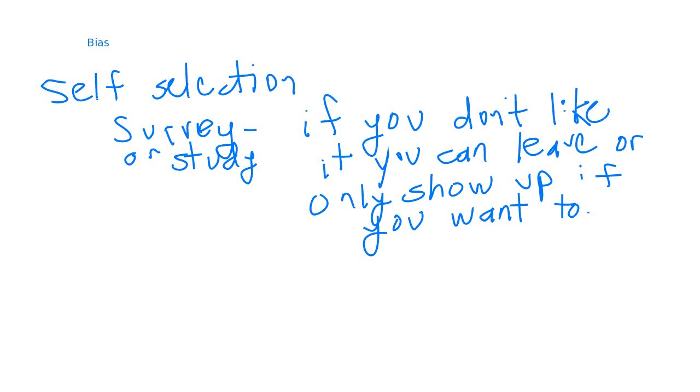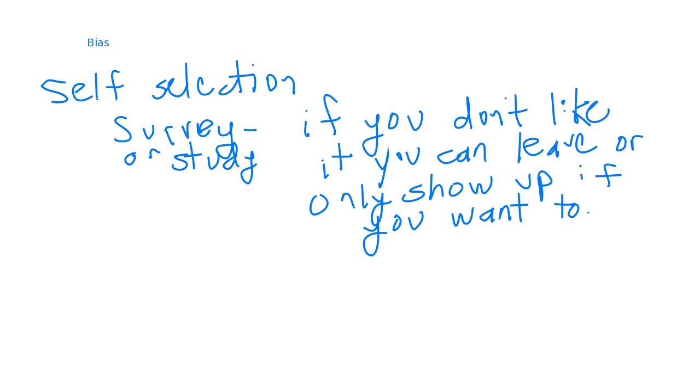And undercoverage is when members are inadequately represented in the sample. So there's surveys that are done for the presidential election.